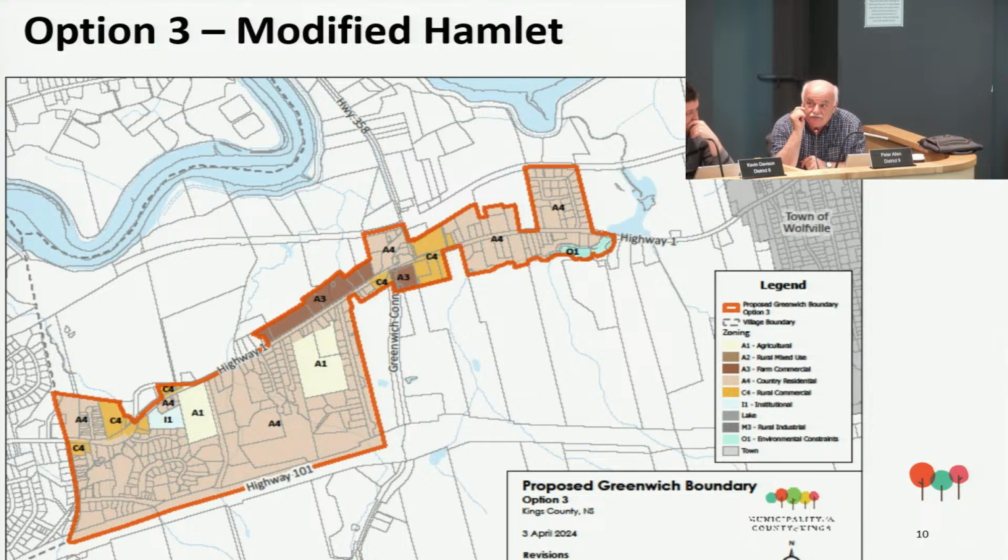It's hard to continue farming when you can sell the land for about 10 times the value of farmland or more. And that's why staff have developed this option to really minimize the amount of A1 land to ensure that it does stay in production if possible. Because I know from the past that this farmer has mentioned it's becoming more difficult to farm because subdivisions are getting close to his orchards and it's difficult to spray the orchards.